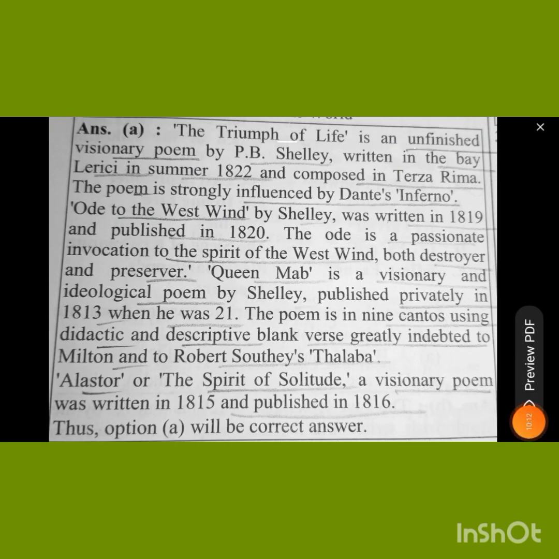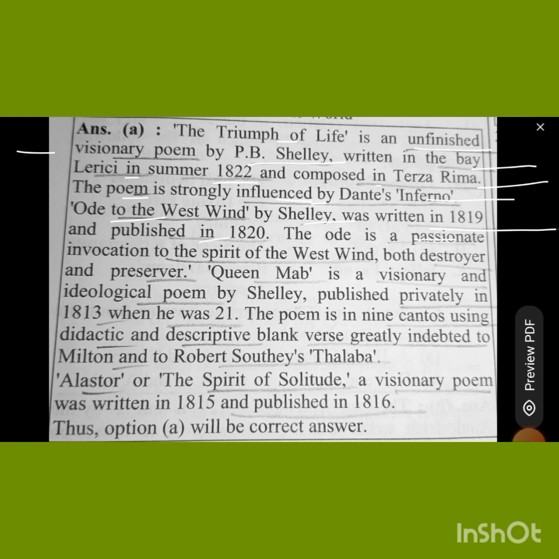The Triumph of Life is an unfinished visionary poem by P.B. Shelley, written in the Bay of Lerici in summer 1822 and composed in terza rima. The poem is strongly influenced by Dante's Inferno. Ode to the West Wind by Shelley was written in 1819 and published in 1820.